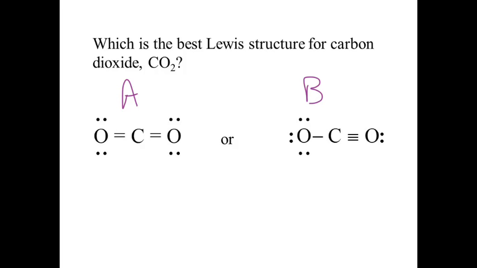The other thing about A is that oxygen is a 6A element, and the expected valence of oxygen is 8 minus its group number. If it's 6A, 8 minus 6 is? Actually, its expected valence is 2, and you're going to use this for one of your structures today.